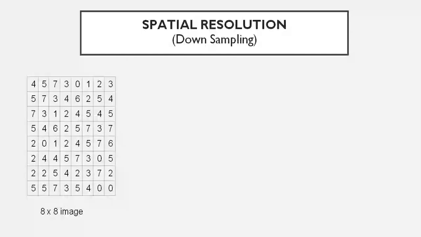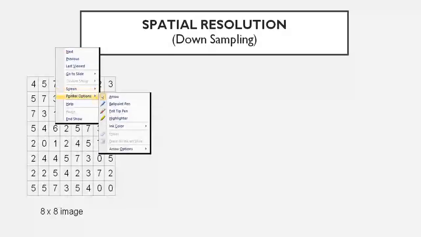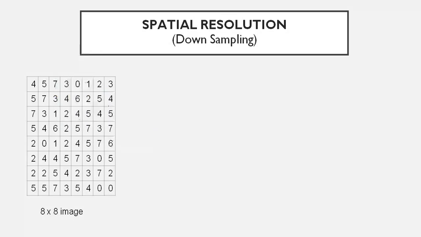So now, let us take an example of spatial resolution. Here, we are going to see what we understand by downsampling and upsampling. When we do downsampling, that means we are reducing the number of rows and number of columns. And when we reduce the number of rows and columns, the total number of pixels in the image also reduces.